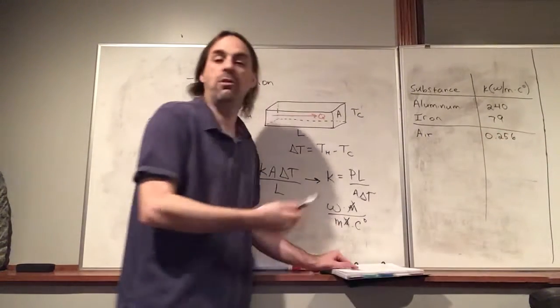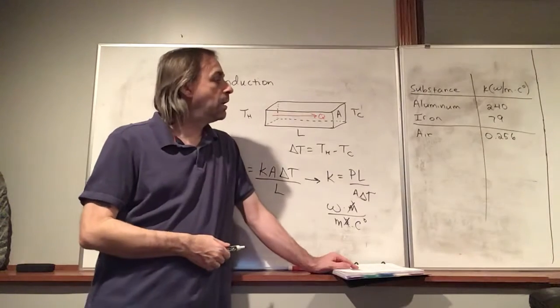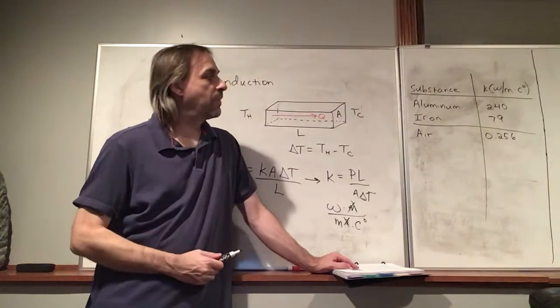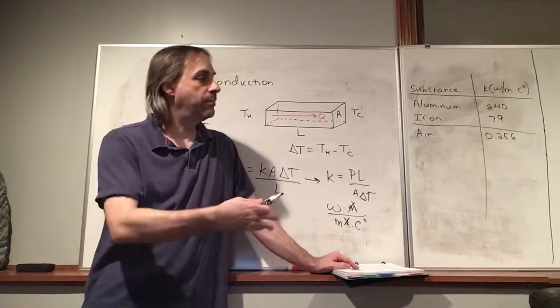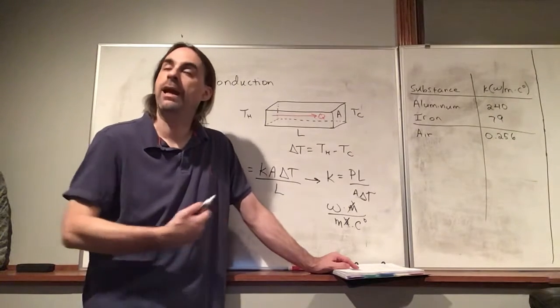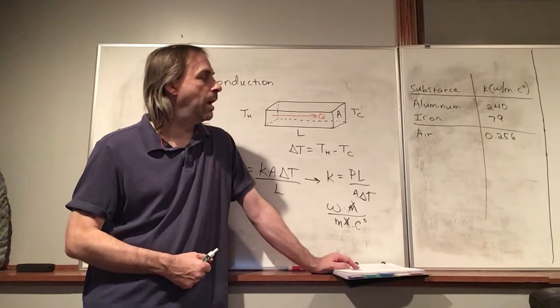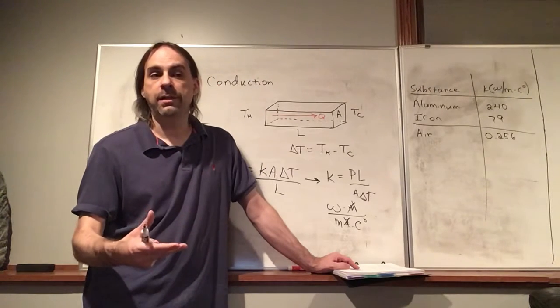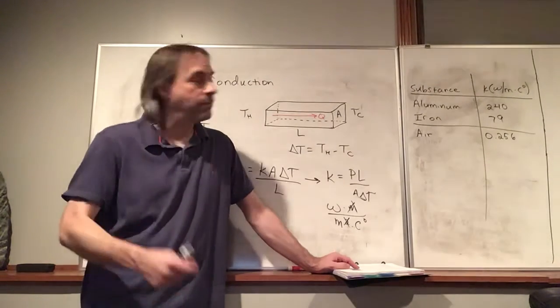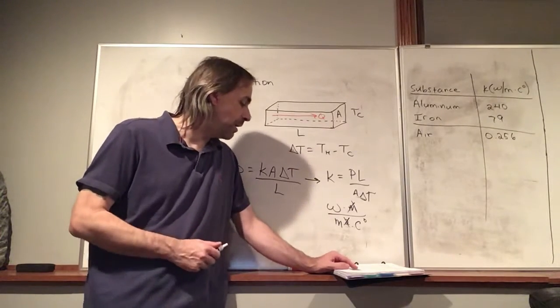So again, if you're next to a fire, for instance, you will get some heat by conduction through the air, but not at a very high rate. However, you also get heat from radiation, which we'll talk about later. Okay, so that's air.